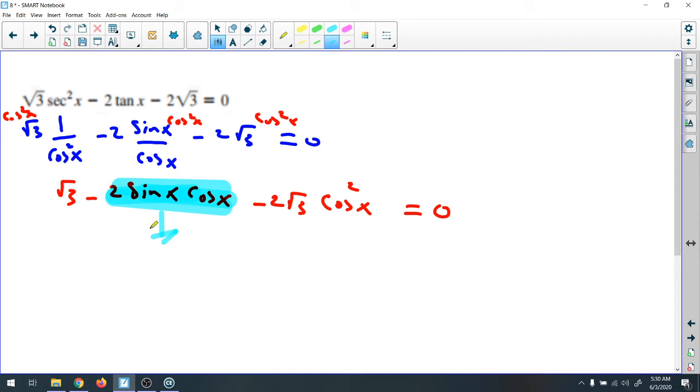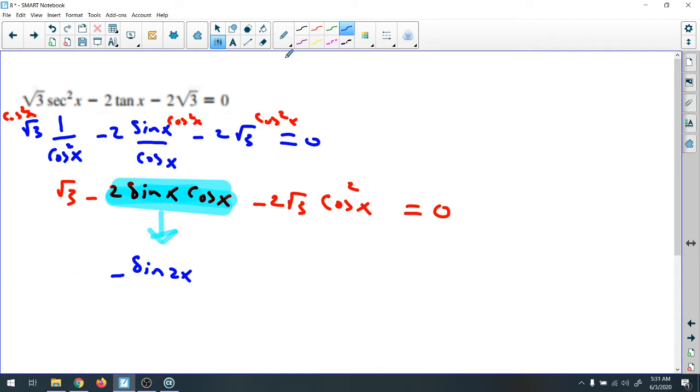Okay, I hear you. You tell me that 2 sine cosine will be sine double. Thank you. Sine double. So this term will be negative sine double.